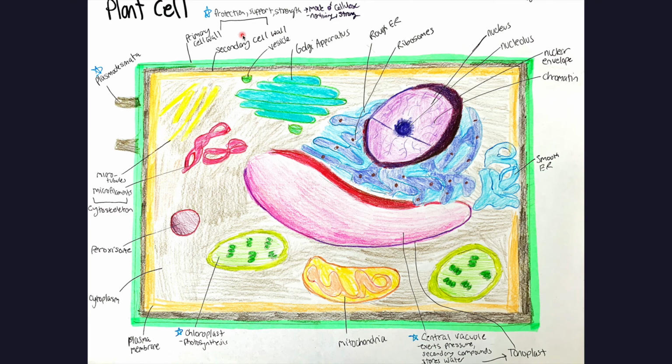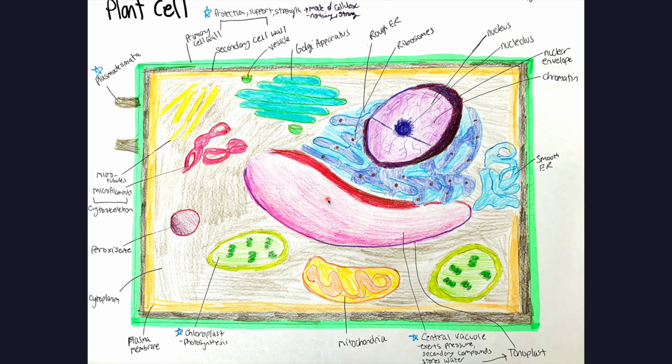The cell wall is made up of cellulose, the structural polysaccharide we talked about in Unit 3. The cell wall provides protection, support, and strength. There can be a primary cell wall and a secondary cell wall, which we will discuss in more detail later. The central vacuole stores water and secondary compounds like pigments, and it exerts pressure.